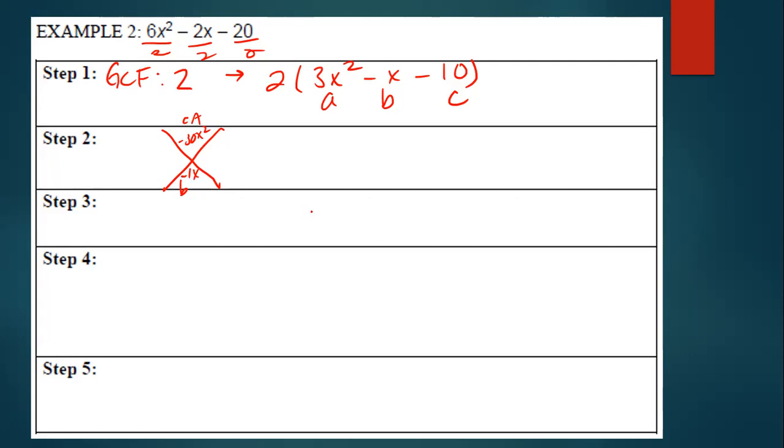So what multiplies to give me negative 30x squared, but adds to give me negative 1x? 6 and 5. There we go. Negative 6 times 5 is negative 30. Negative 6 plus 5 is negative 1.